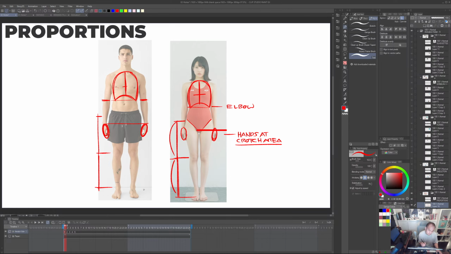This will be a little bit less than this one, a little bit smaller than the upper leg, right? Smaller than upper leg.